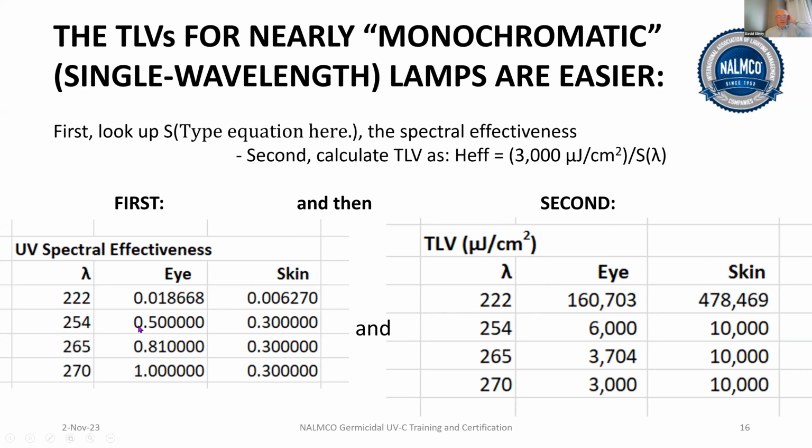So at 254, as we've said over and over again, the S lambda is 0.5. Now at 265 nanometers, which is one popular UV LED, it's 0.81, or if you had an LED at 270, it would be the most effective against the airborne viruses or bacteria, probably, but it would have the lowest permissible exposure limit.